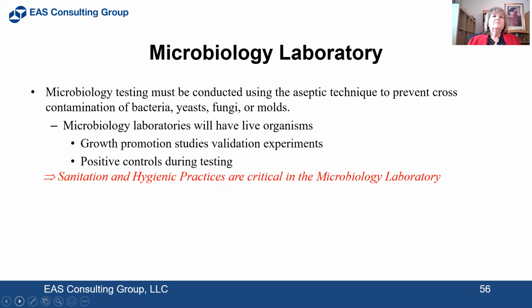So, in the micro lab, of course, sanitation and hygienic practices are the most critical. Micro testing must be conducted using the aseptic technique to prevent cross-contamination. And be aware that micro labs will have live organisms that they use for growth promotion studies, for validation experiments, and then also that they use for positive controls during testing.